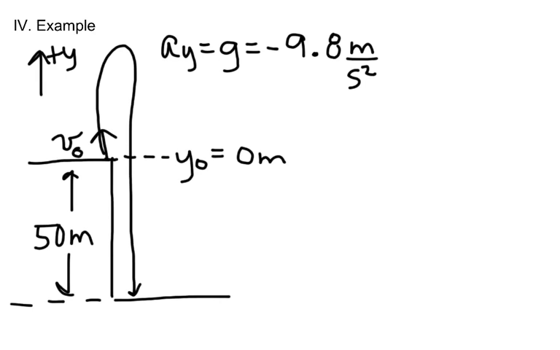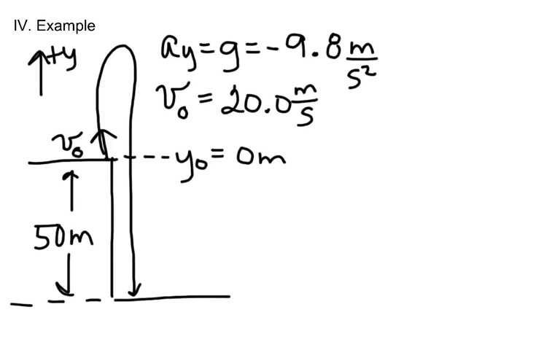So this is drawing my picture, and these are all my givens so far. One last thing, I believe there's a numerical value for that initial velocity going upward from the top of the cliff there, and that's going to be 20.0 meters per second.